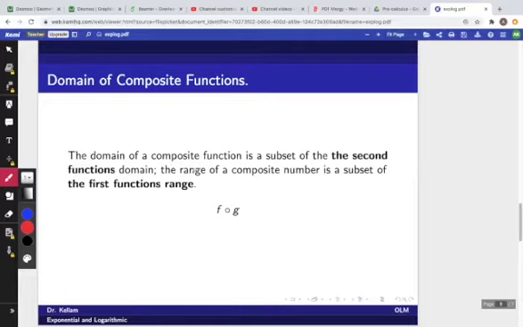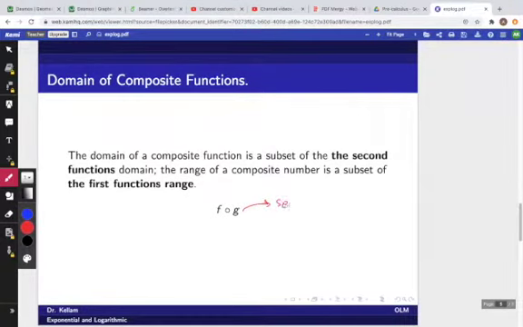Everybody, this video is going to focus on the domain of composition functions. Essentially, we work with the domain of the second function, and what I mean by that is the function that's furthest to the right.